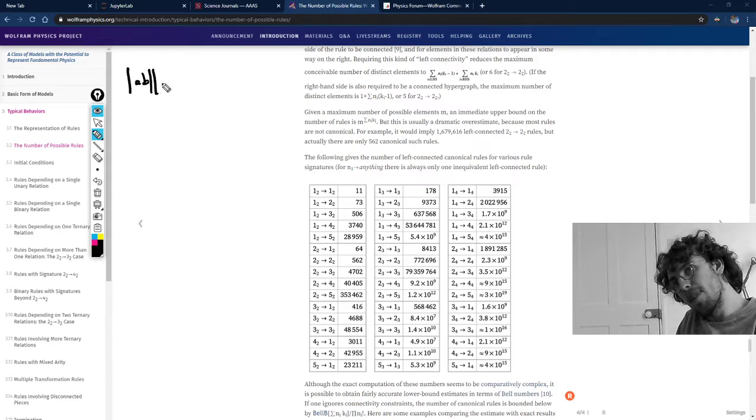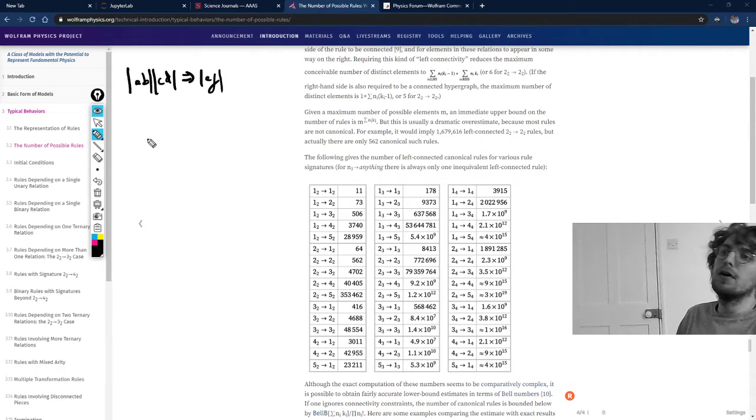B, C, D goes to E, F. So there's no, I can't really see the way to kind of count up through them yet. Let's carry on and see what we get to.